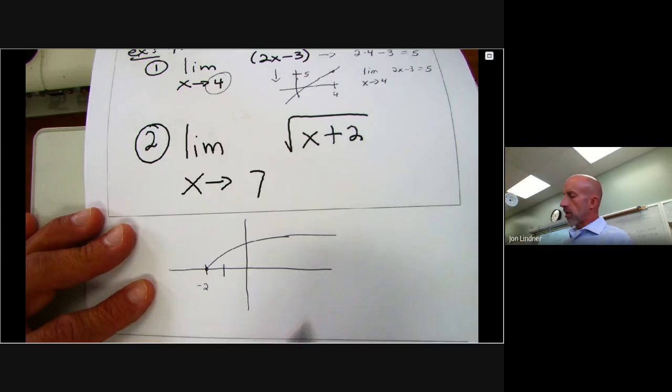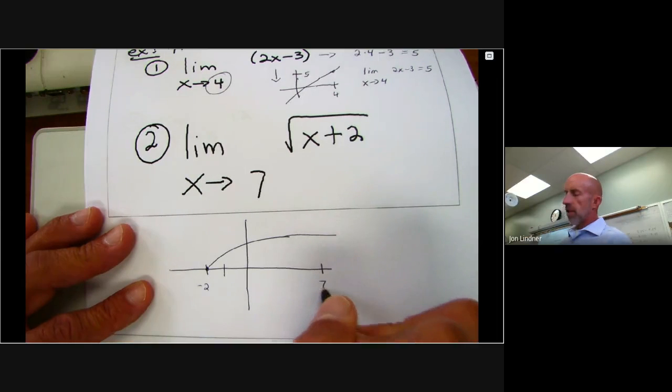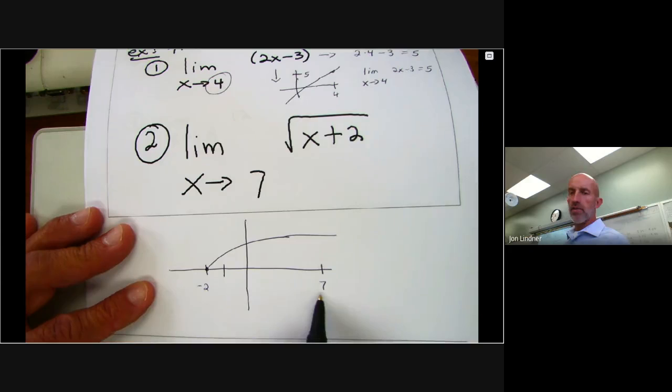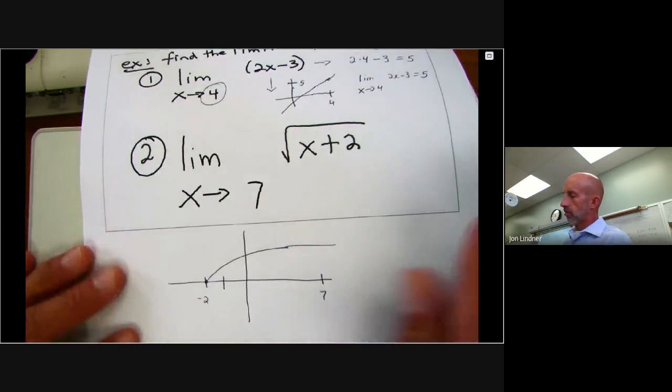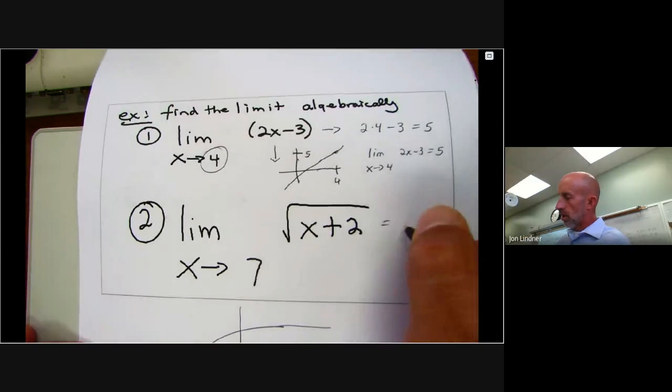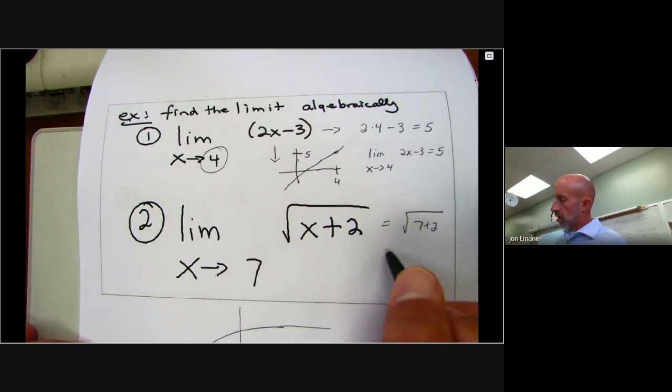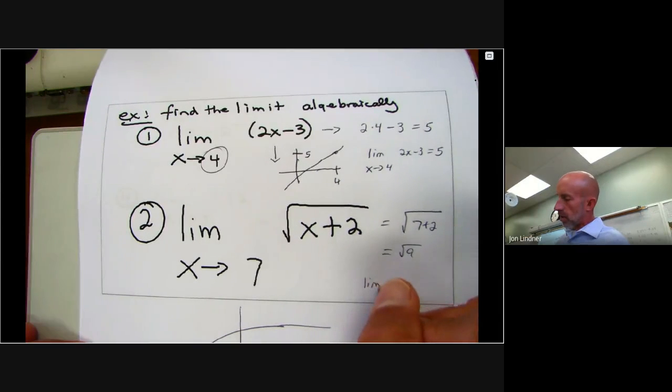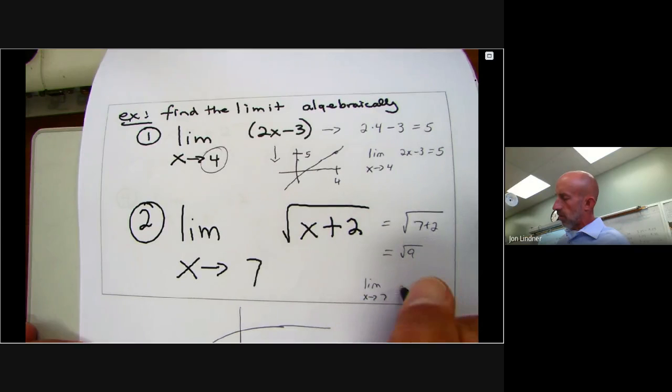So if we're doing the limit as x approaches 7, here's 7. We don't have any issues with evaluating this limit algebraically. I can just plug it in. I can do substitution. The square root of 7 plus 2 is the square root of 9. This limit as x approaches 7 is 3.